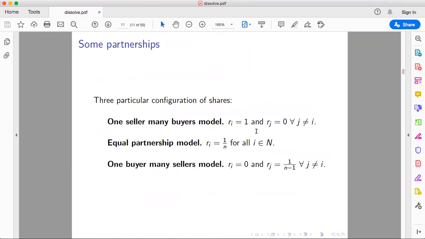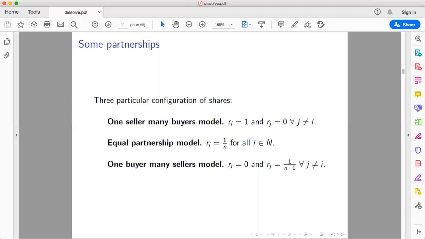Some of the partnerships that I wanted you to keep in mind: one agent has Ri equal to 1 and the others have Rj equal to 0 for all j not equal to i. So all the property rights are held by one agent. In that case, that agent would be equivalent to a seller who owns the object, and the other n-1 agents are buyers. That would be an interesting model that we will look at.